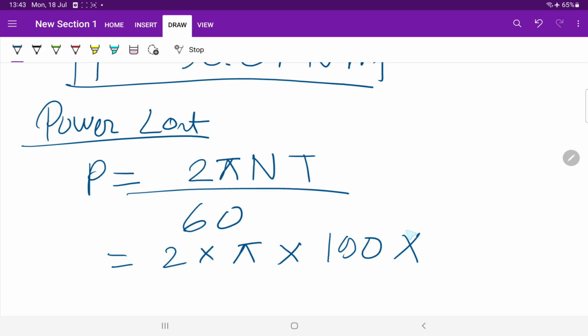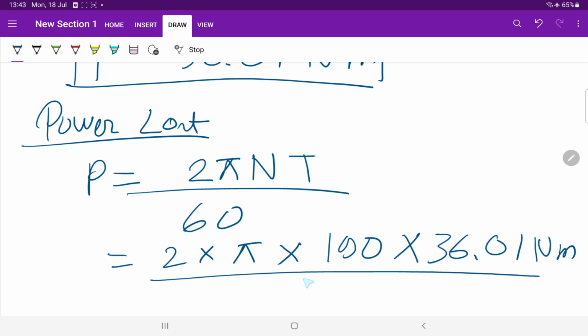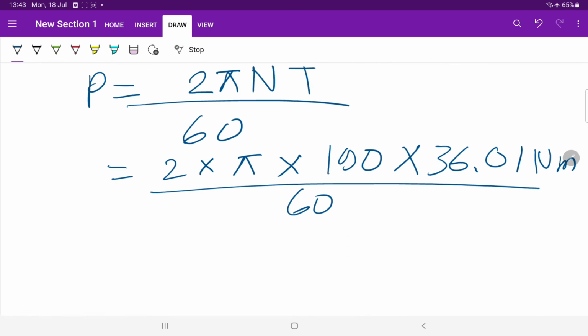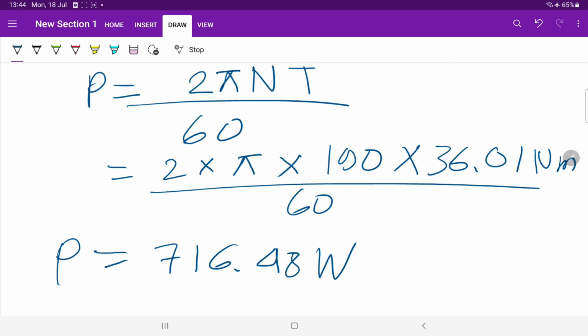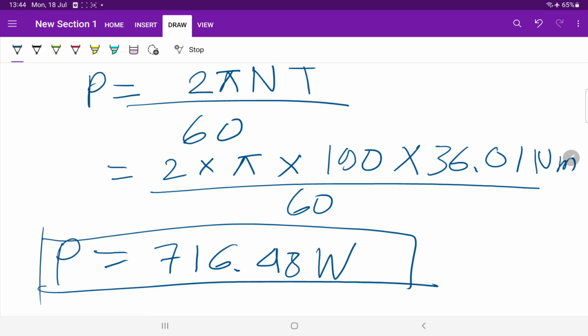And torque we just found out, which is 36.01 Newton meter, and then 60. So the whole thing will come in watt. If you just calculate in the calculator, 2 into pi into 190 into 36.01 divided by 60, it will come as 716.48 watt. So it's very important to remember this formula.